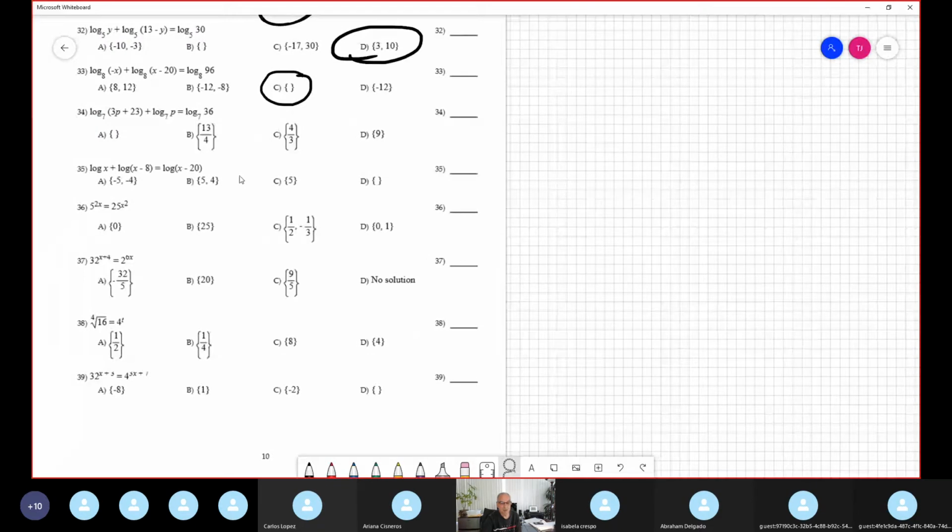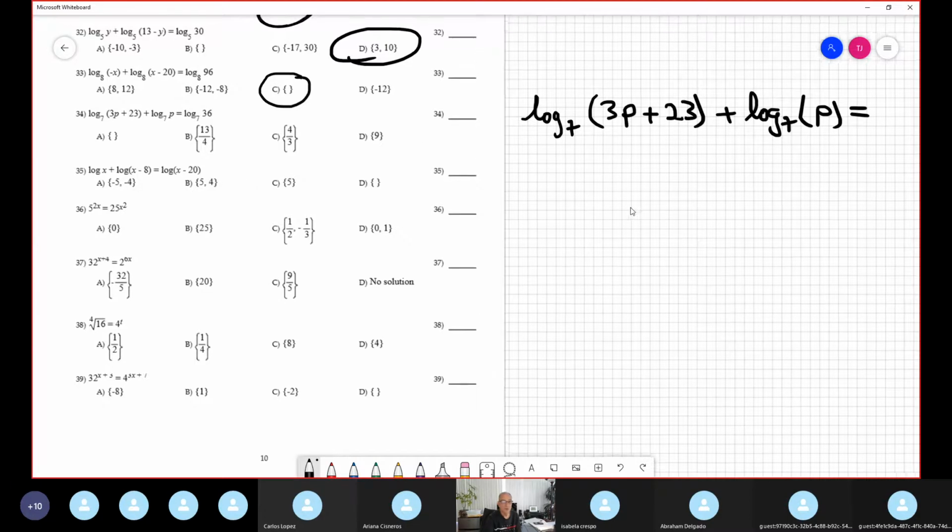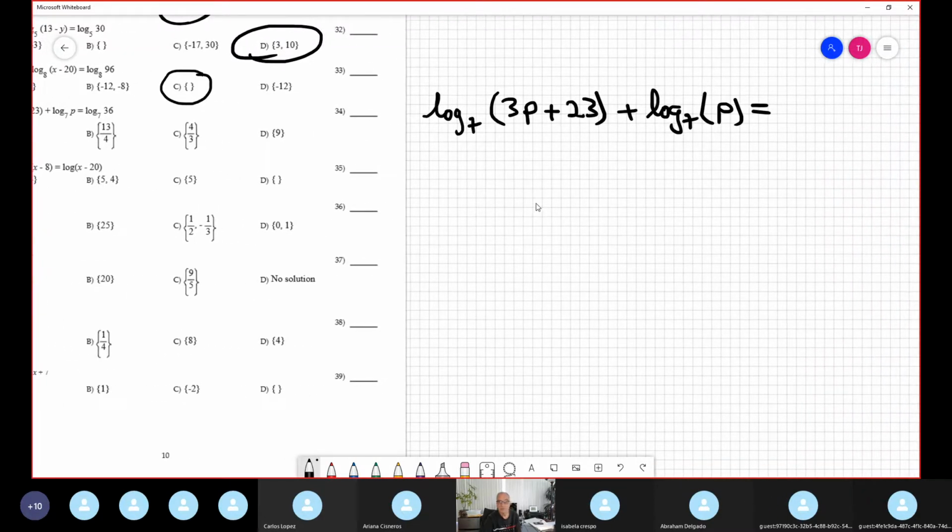Okay, the logarithm base 7. Number 35: logarithm base 7 of 3p plus 23 plus logarithm base 7 of p equals logarithm base 7 of 36.